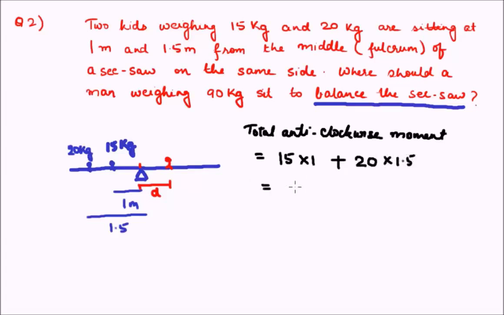This turns out to be 15 plus 30, that is 45 Newton meter. So we get a total anti-clockwise moment due to both the kids as 45 Newton meter. Now in order for the seesaw to be in balance, there has to be a clockwise moment of 45 Newton meter created by the man.